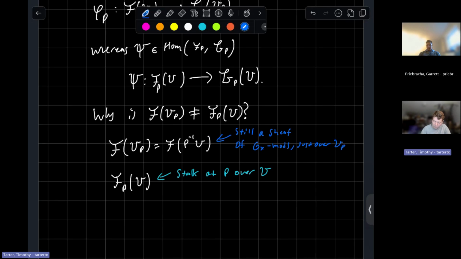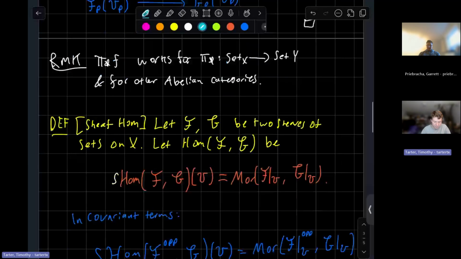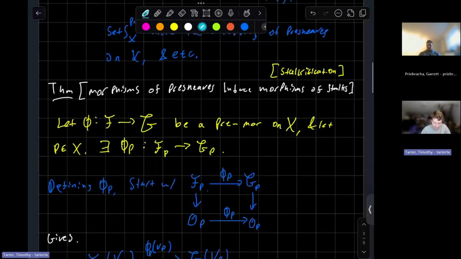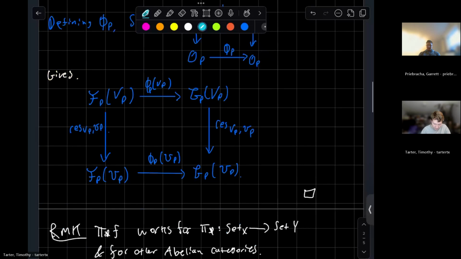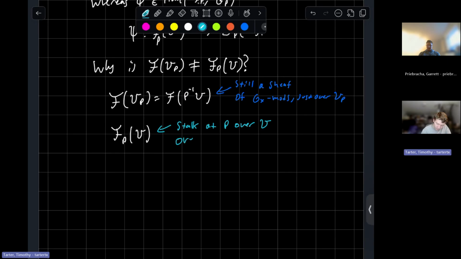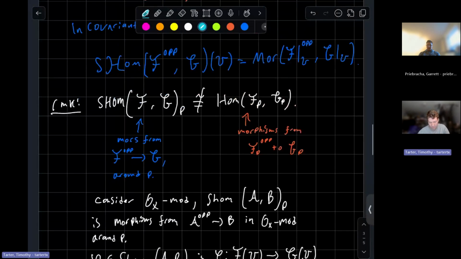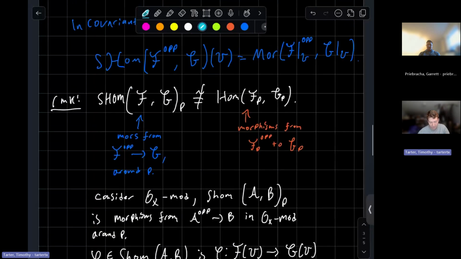Just over U_P, whereas this is a stalk at P over U. And then by the stalkification functor, this is over the local ring of P intersect U. And I'm sure there's a case where these are the same thing, but I'm pretty sure that this is the right construction to show this.